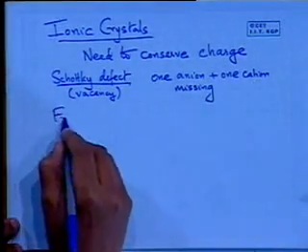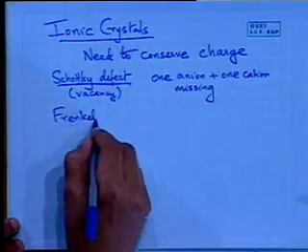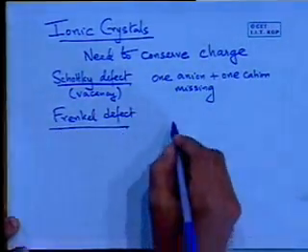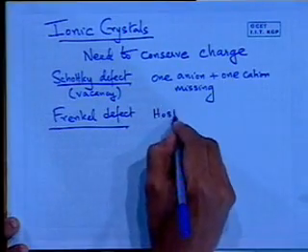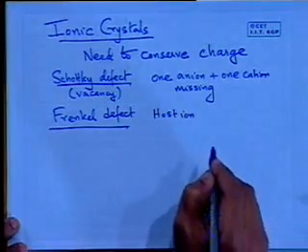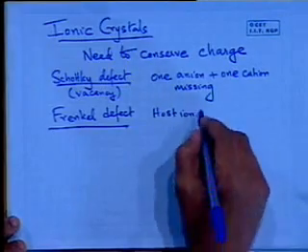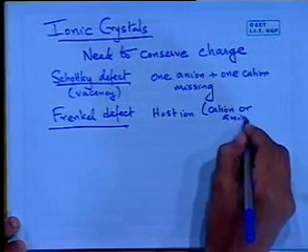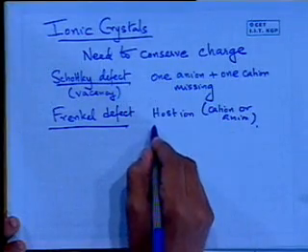The other is what is known as a Frenkel defect. One of the host ions, okay, it could be either the cation or the anion, is displaced to an interstitial site.